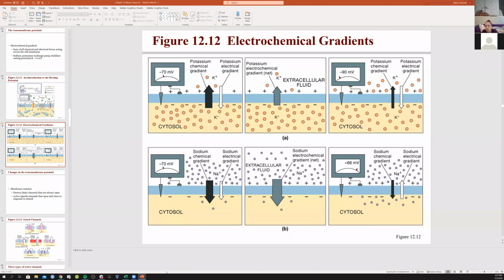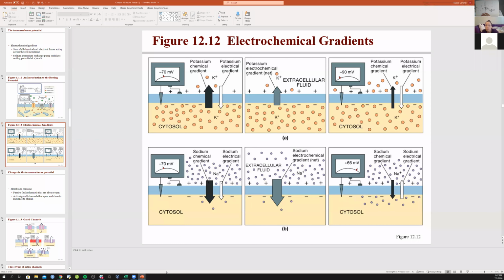So 1, 2, 3, and let's say this one entered, and this one entered, and this one entered. These 3 entered. They're no longer here. Now there's somewhat of a balance. They're going to move until they reach a balance. This is what happens if there is only one ion present in this setup.